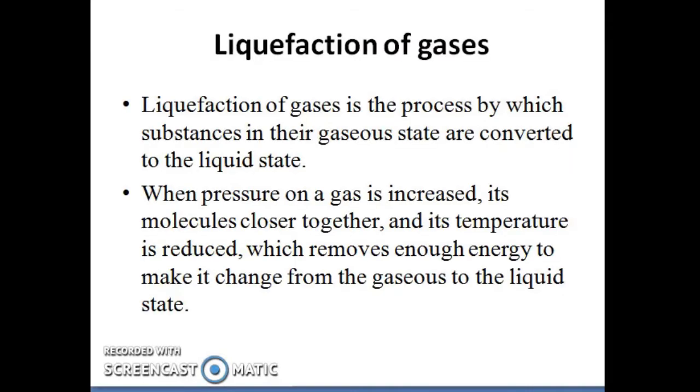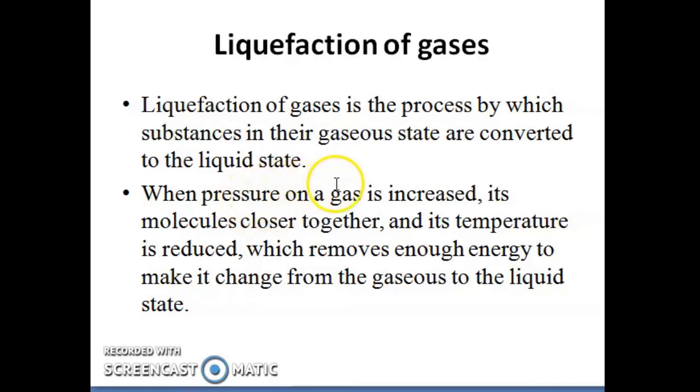Liquefaction of gases. Liquefaction of gases means a process by which substances in their gaseous state are converted to liquid state, and this can be done when certain conditions are achieved.